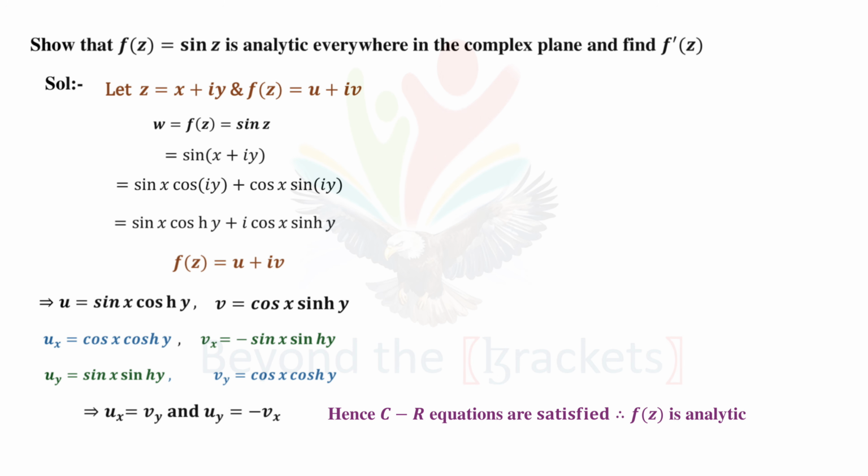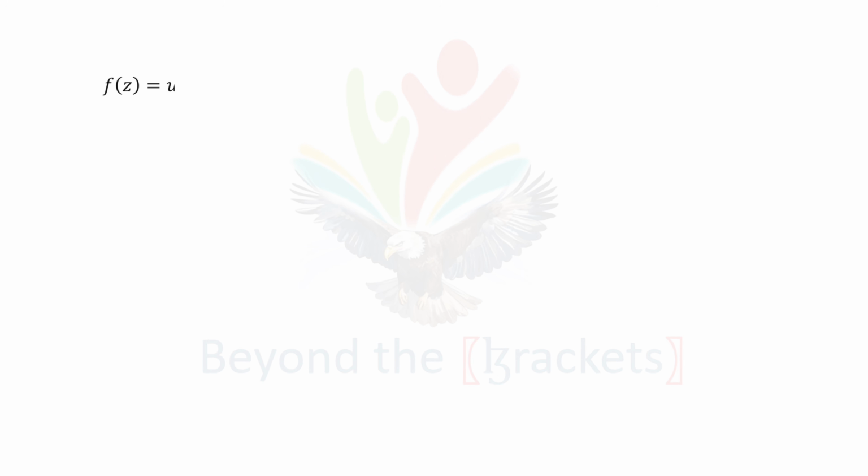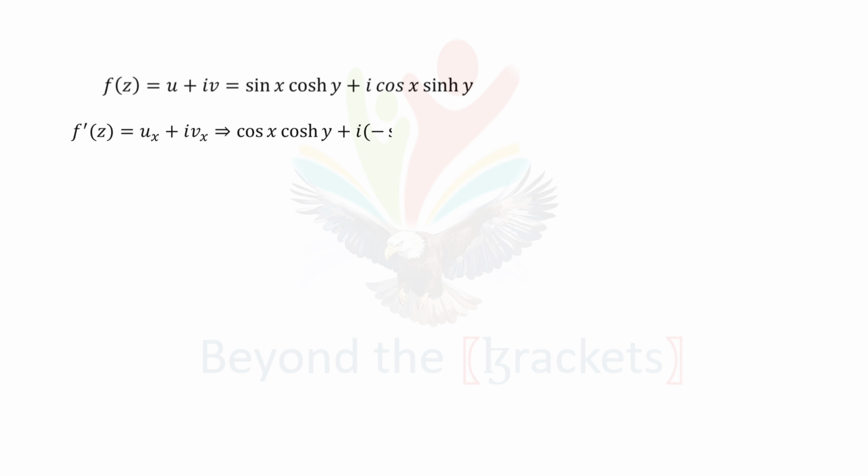To find the derivative, consider f of z is equal to u plus iv, which is sin x cos hy plus i into cos x sin hy. Differentiating with respect to x, we get f dash of z is equal to ux plus i into vx. Here cos hy will be constant, differentiation of sin x will be cos x, plus i into sin hy will be constant, differentiation of cos x will be minus sin x.